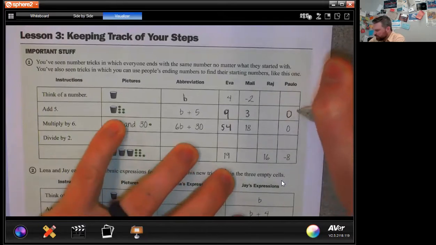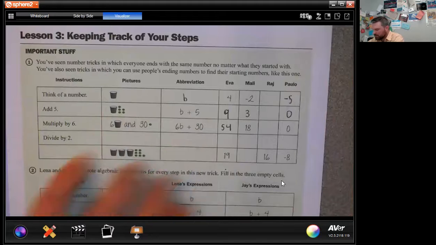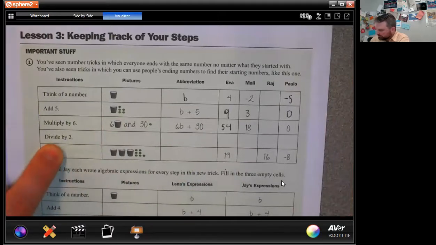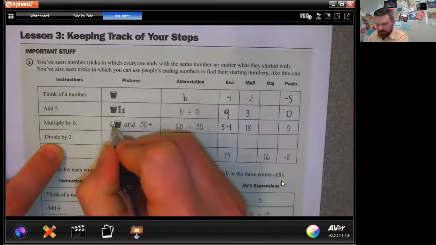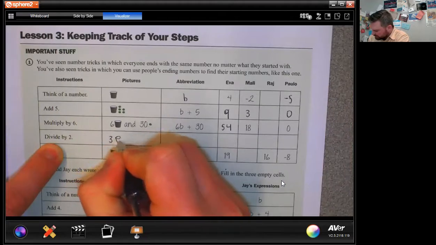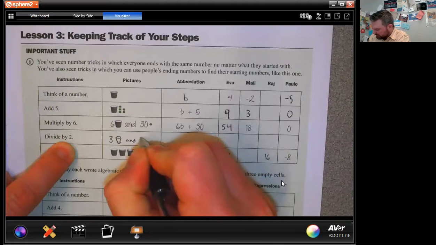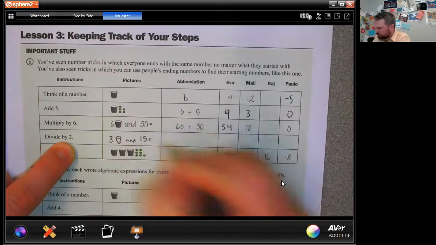Then if I go one more, remember we added 5 from here to here, so we're going to subtract 5. That would give us -5. Then we're going to divide everything by 2. If I have 6 buckets and divide by 2, now I have 3 buckets. And 30 divided by 2 is 15 marbles.